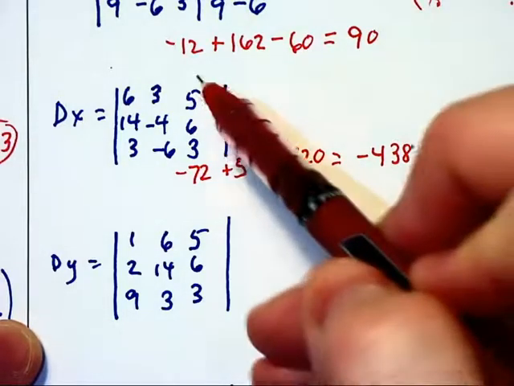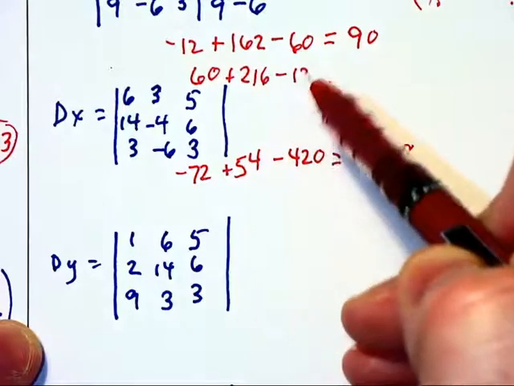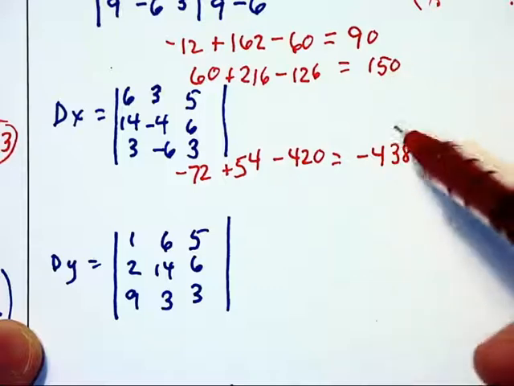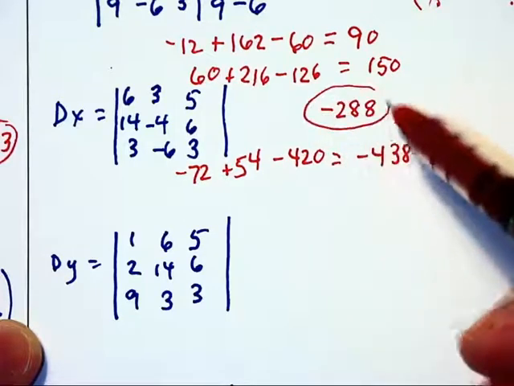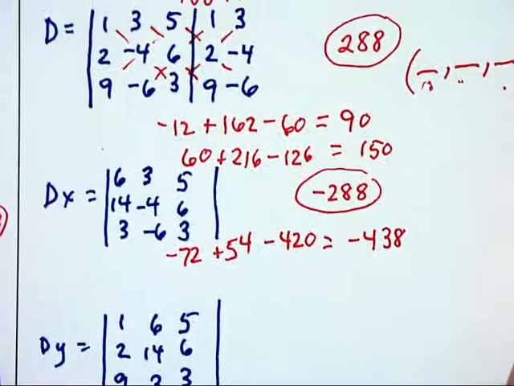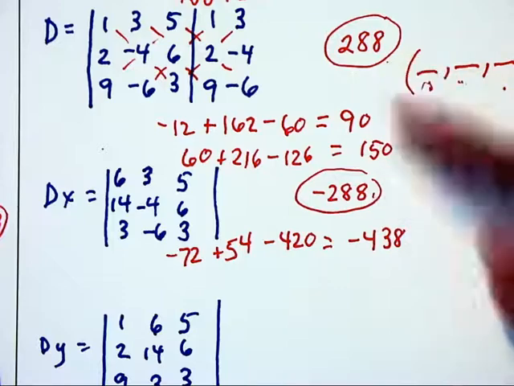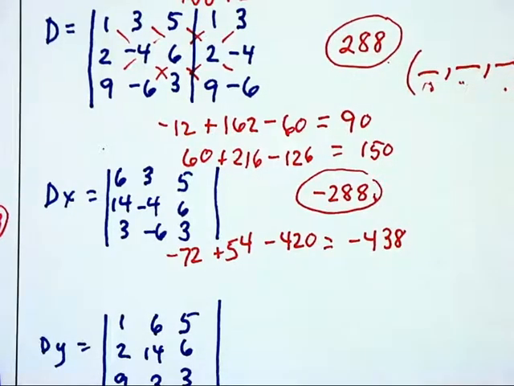Multiplying upward, we get 60 plus 216 minus 126, which is 150, and adding those two together we get -288. We stop there and we see that it is good, because that tells us we're going to have a nice clean value for x when we put the -288 over the +288.